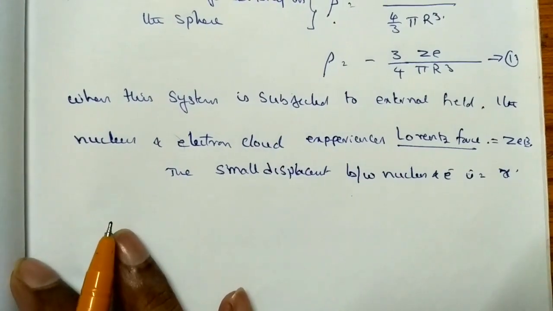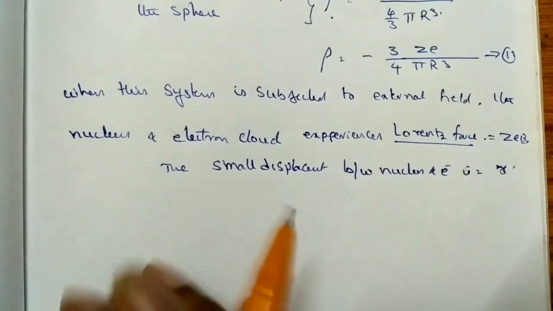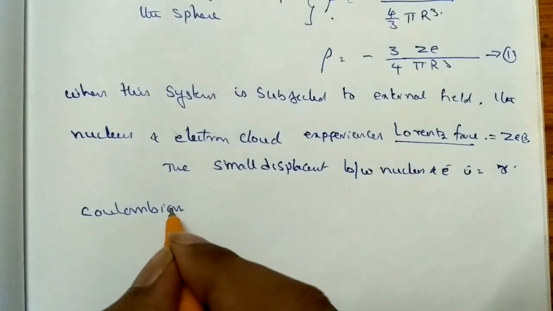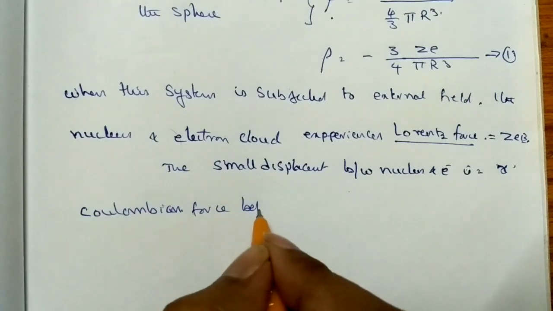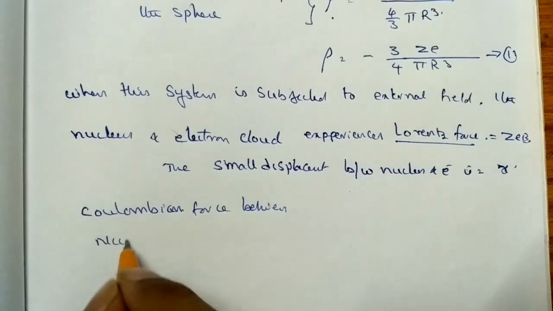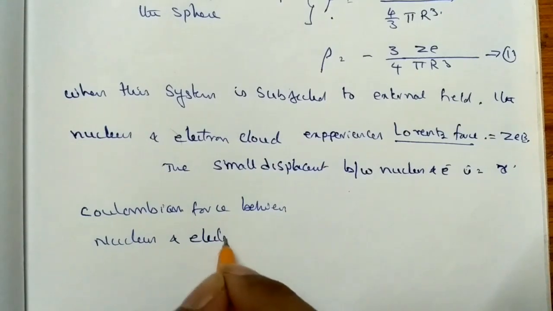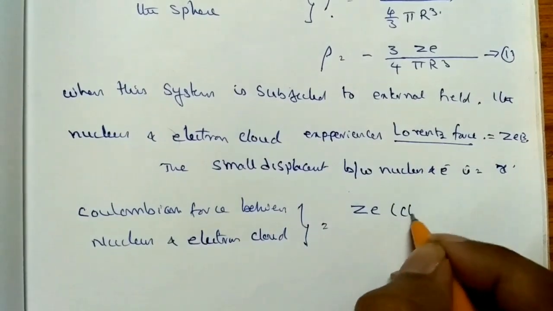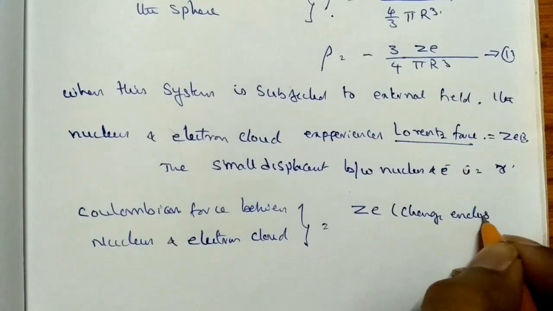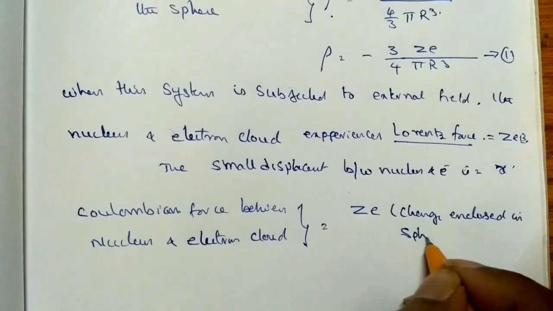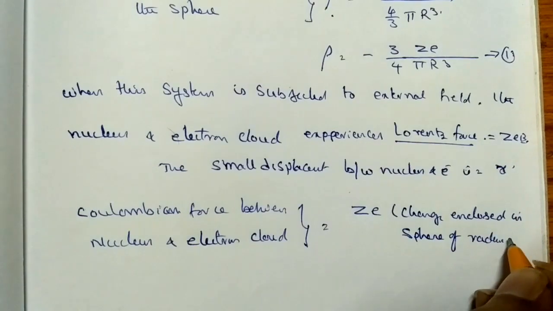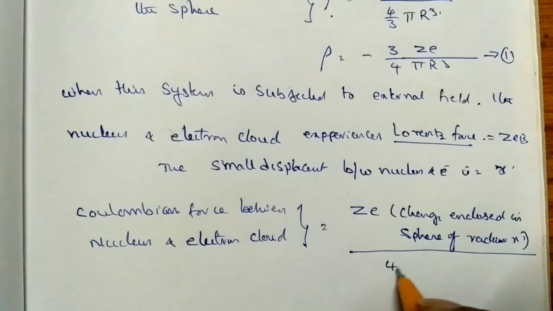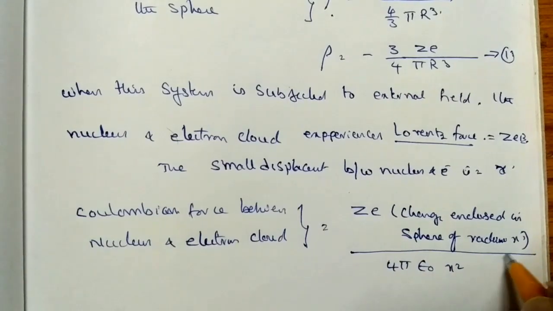Now the attractive force between these two, that means the electrons and the nucleus, the Coulombian force between nucleus and electron cloud, is equal to Ze into the charge enclosed in a sphere of radius x, divided by 4 pi epsilon naught into x square.